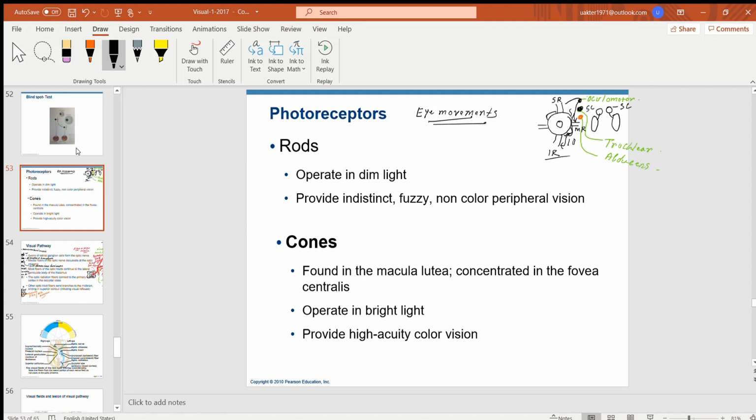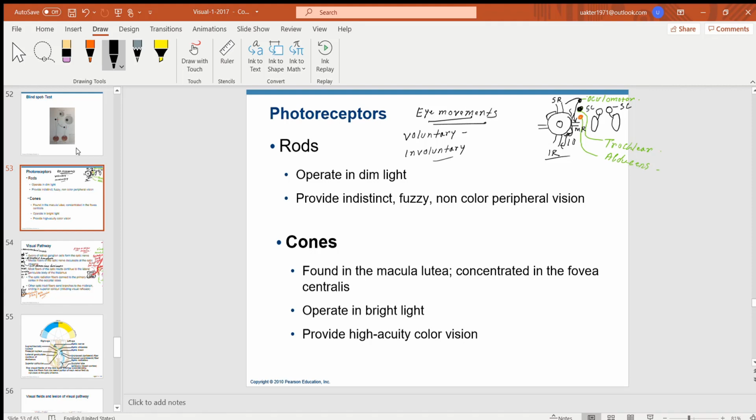And what will happen, the eye movement could be different types, right? First, functionally we can say voluntary eye movement and involuntary. Okay, most of the time we move the eye voluntarily.